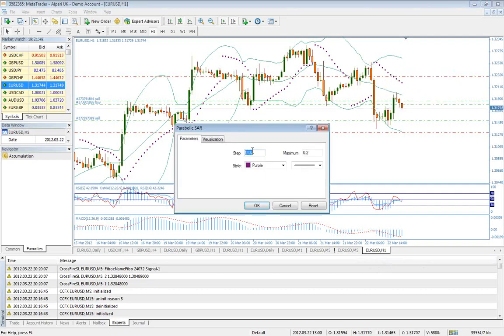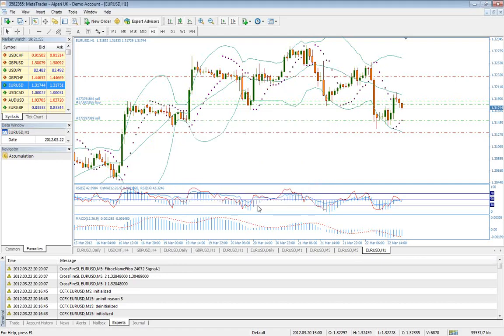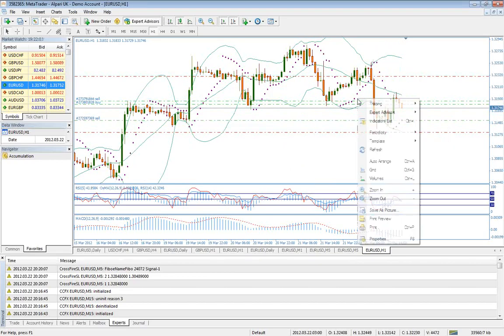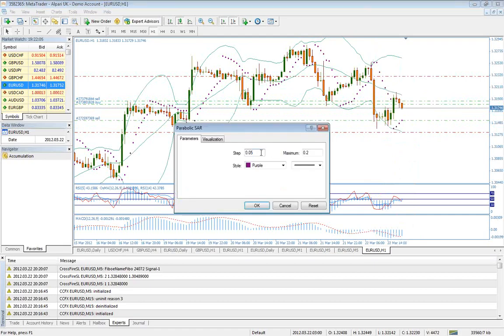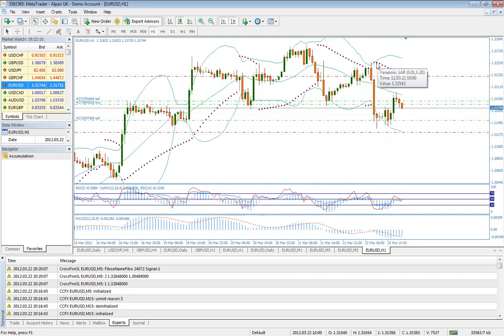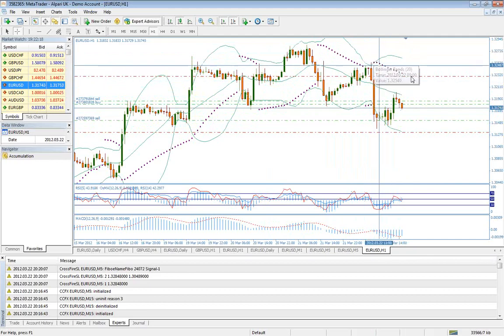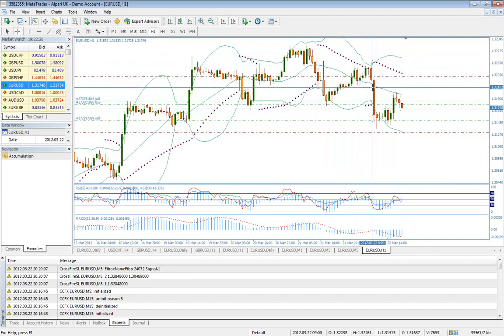But from what I know, if you have a bigger step, you will have the points being closer to your price. If you have a smaller step, like 0.01, the PSAR will not come so fast to the price. So it's like a bigger stop loss.